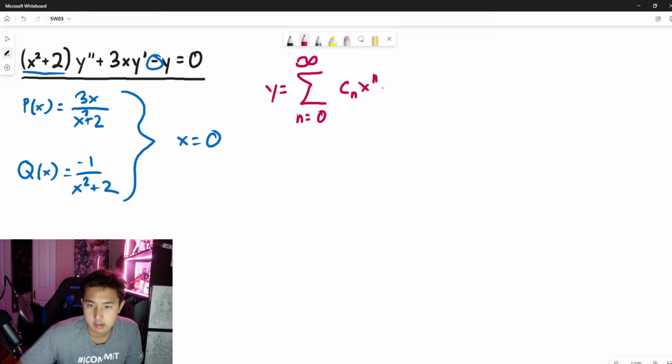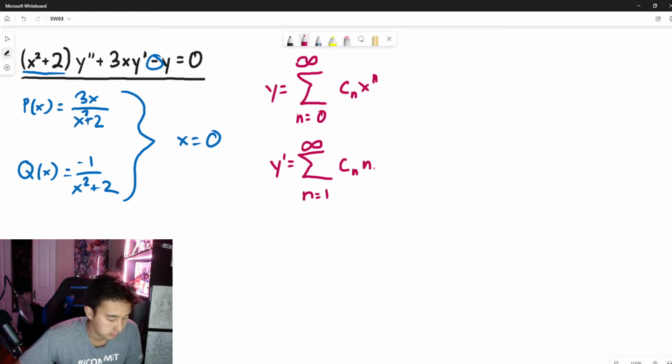We can differentiate that to get the power series from n equals 1 to infinity. The derivative of that would be, once again, the constant, that doesn't change, times n because of the power rule, times x to the n minus 1.